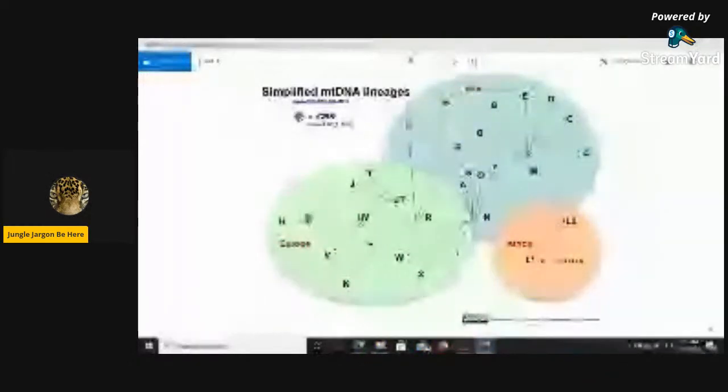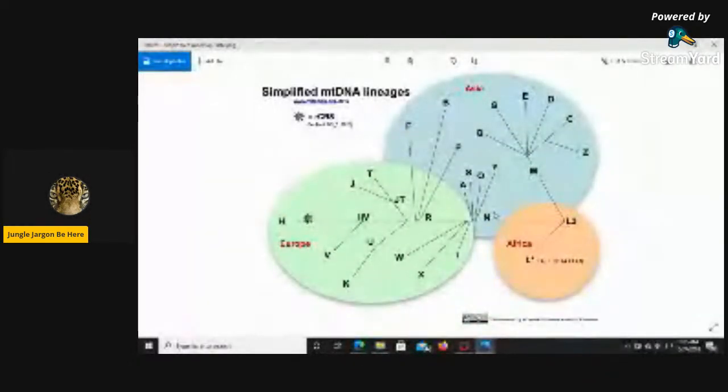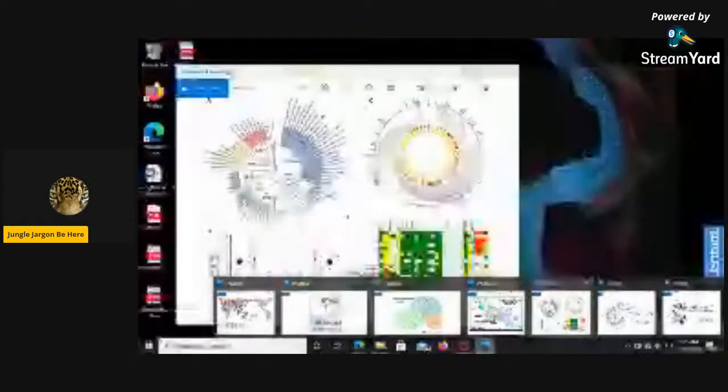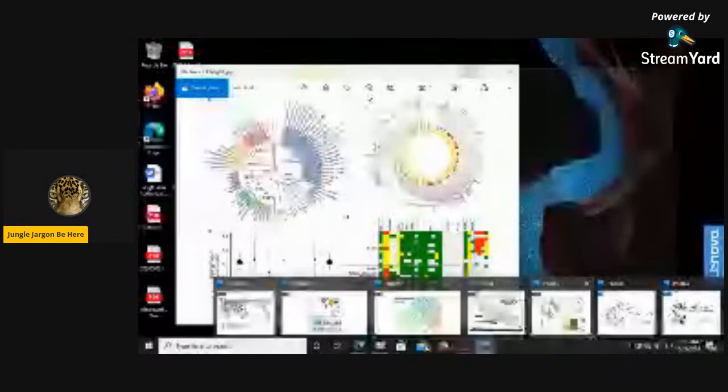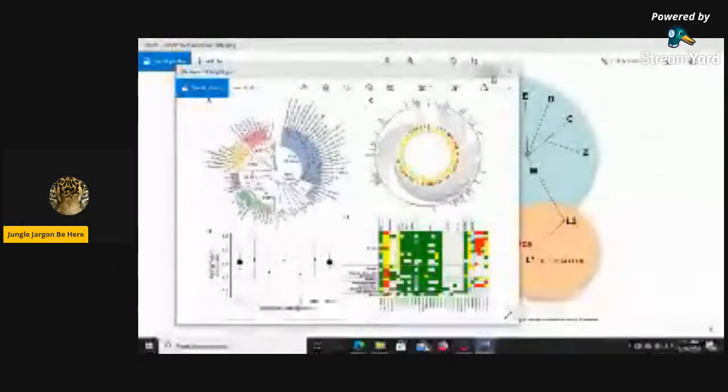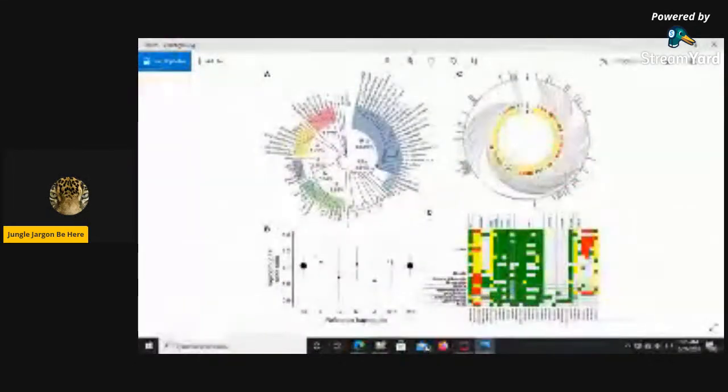Now they're trying to rectify their claims here, because I could show other charts that show the maternal line. This would be the paternal line again showing that everything came from the E's, which is not the case.